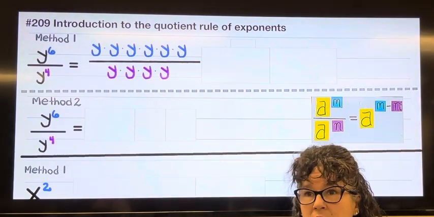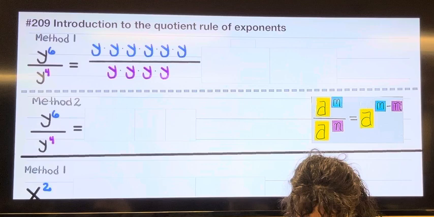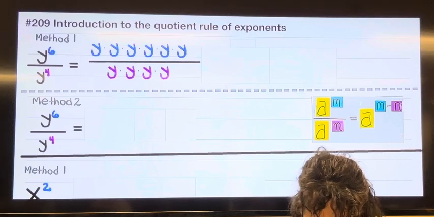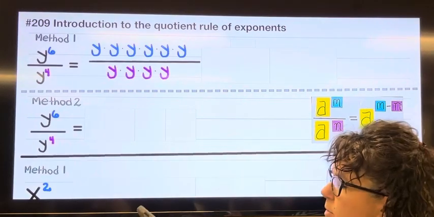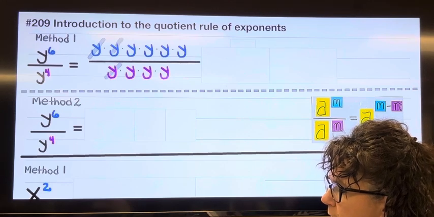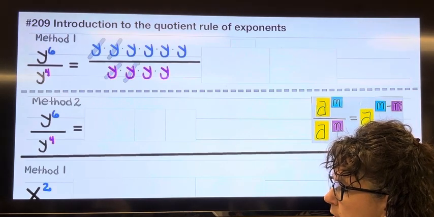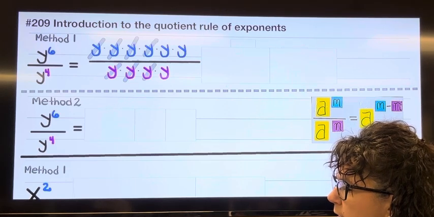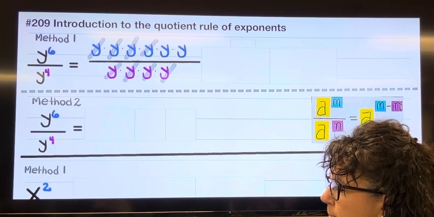Then, when I have everything turned into multiplication, I can cancel anything that's the same. So this y, for example, and this y, and then this one, and this one, this one, and this one, and then this one, and this one.